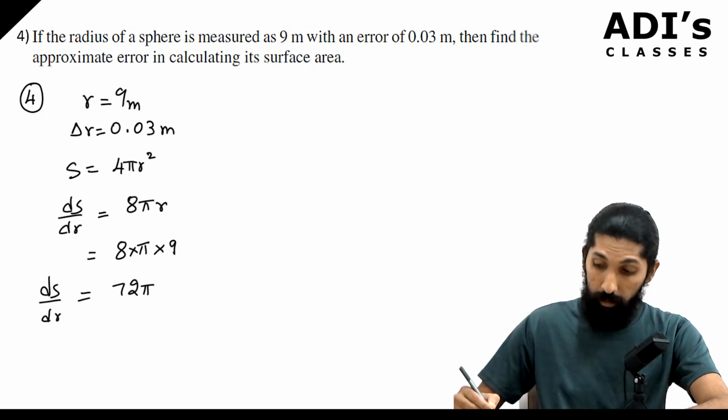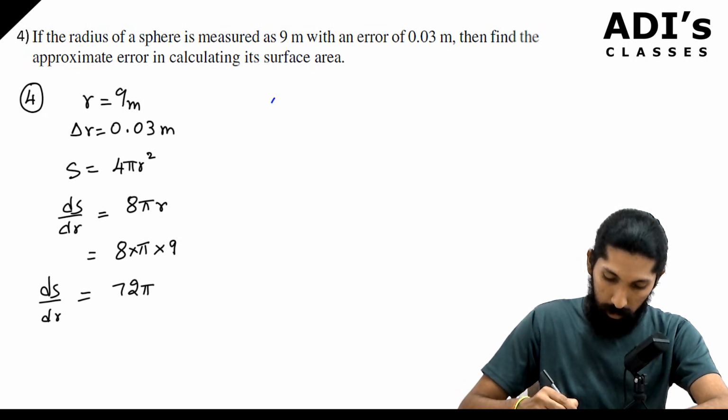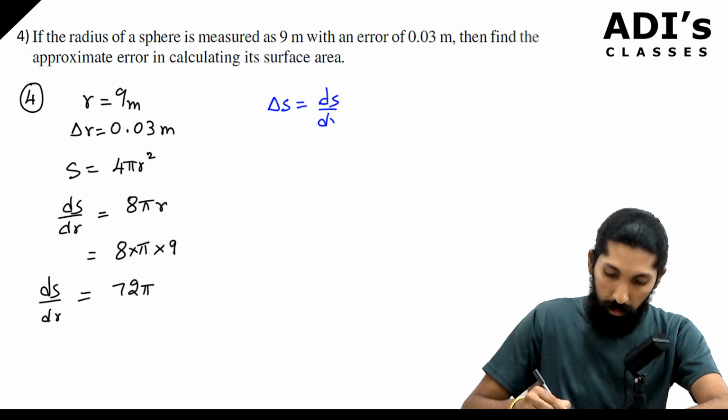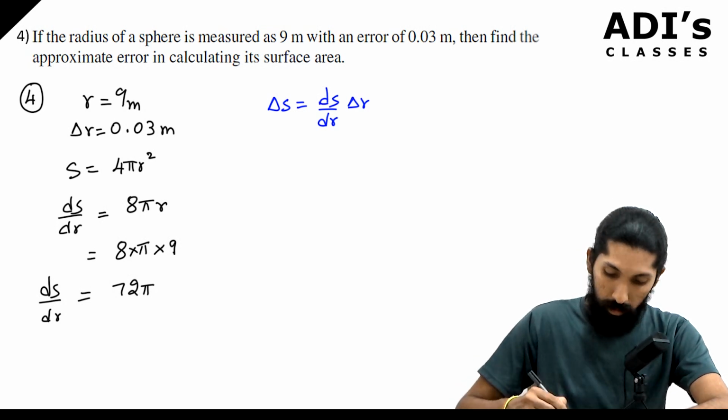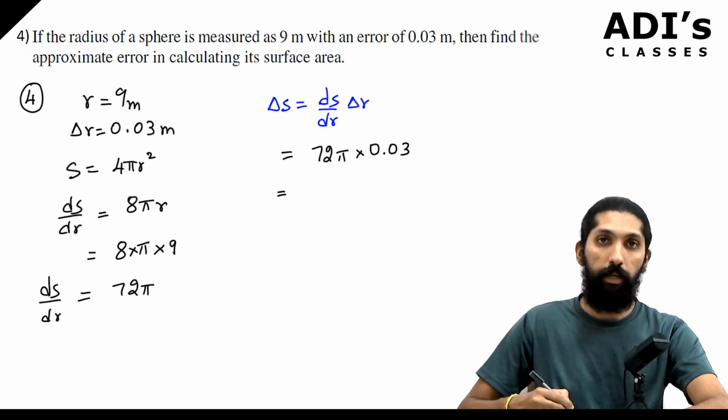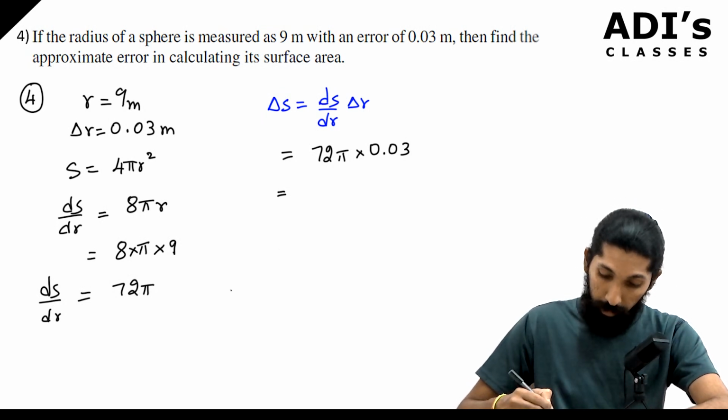Now what do we have? Delta S is equal to ds by dr into delta r. Substitute the numbers. So you are going to have 72 pi into 0.03. Correct? 72 into 3.